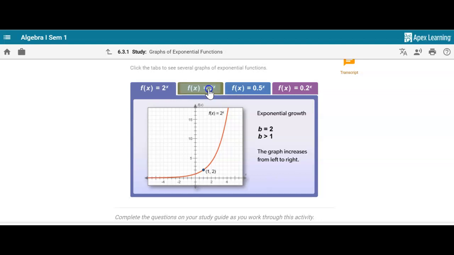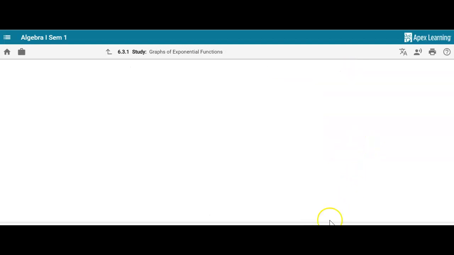That would be increasing, and this one is a little steeper because the base is bigger. When you look at the next one, 0.5 to the x, since that's between 0 and 1, you know right away that it's decreasing from left to right. And if the base is 0.2, that will also be decreasing from left to right.